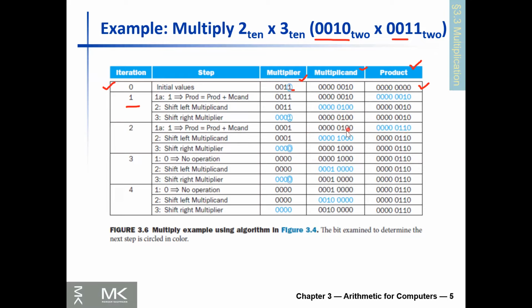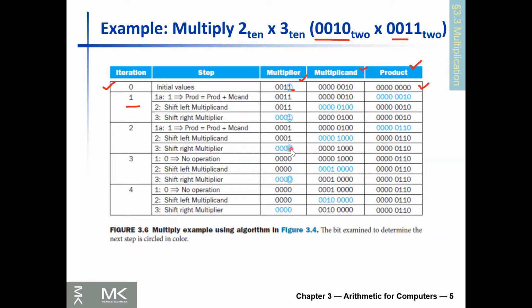Again, the multiplicand which was here is going to be shifted one more time, which we can see here. And next step, we are shifting the multiplier right. So this time the multiplier is shifted. Now what next? Third iteration. We reach the third iteration. Here we check the rightmost bit of the multiplier, which is 0.